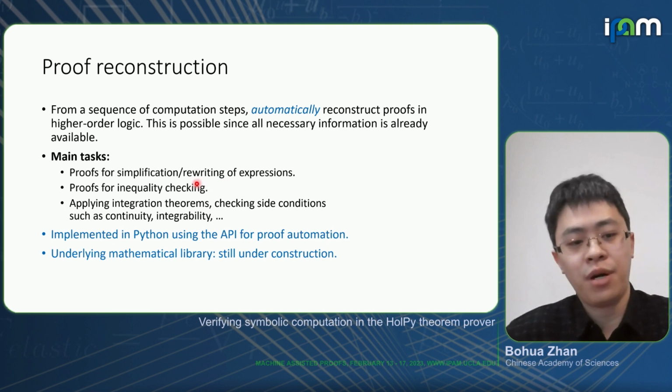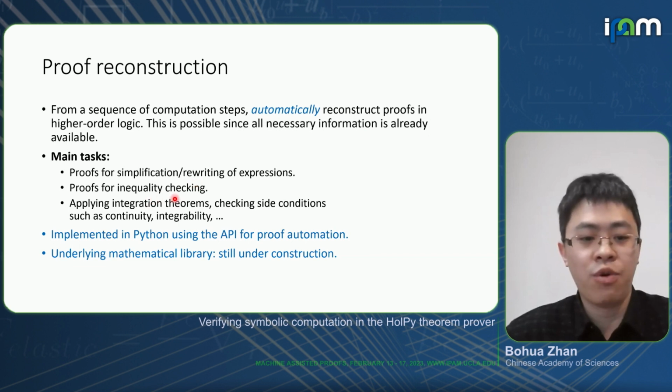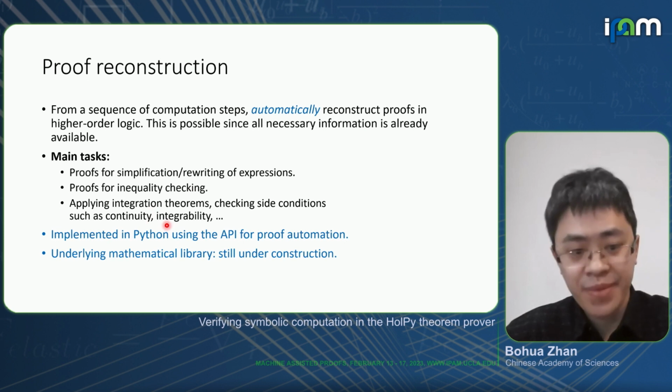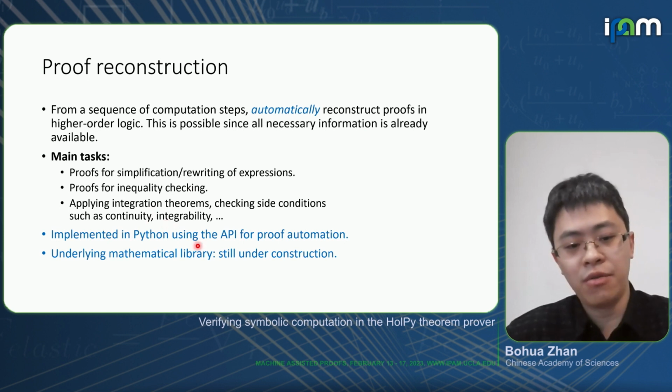For example, proofs for simplifying or rewriting of expressions, including the normalization of arithmetic expressions that we mentioned before. Proof for inequality checking, and also checking various side conditions. So applying the theorems of integration and also checking various side conditions, such as continuity and integrability of the functions. All this has been partially completed.